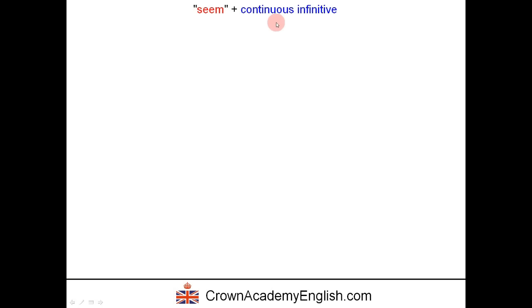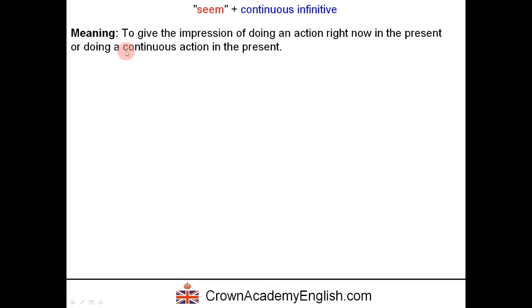Seem followed by continuous infinitive. And the meaning here is to give the impression of doing an action right now in the present, or doing a continuous action right now in the present. So this is the continuous infinitive, to be followed by the ing form of the verb.